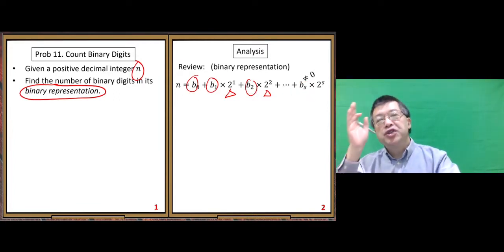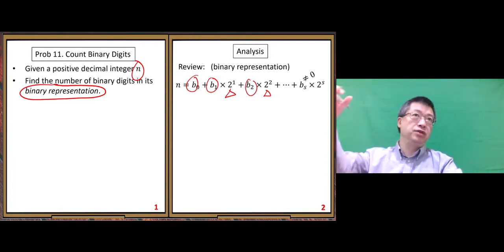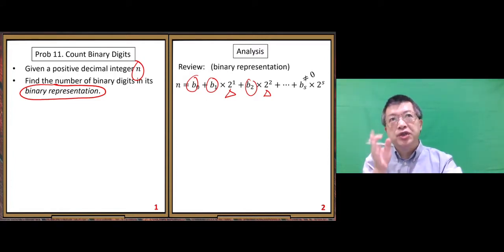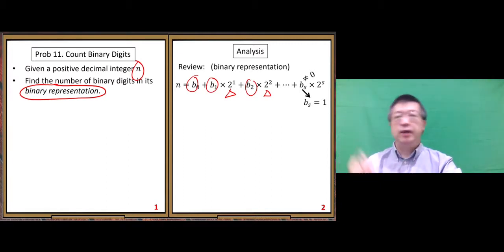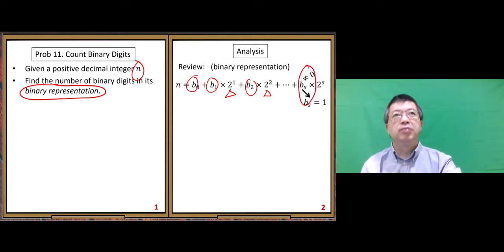The most significant bit cannot be 0. Otherwise, if it is 0, we do not use this position. We can reduce the position number by 1. That means the highest bit is 1. Other than this special highest one, the remaining bits could be 0 or 1.